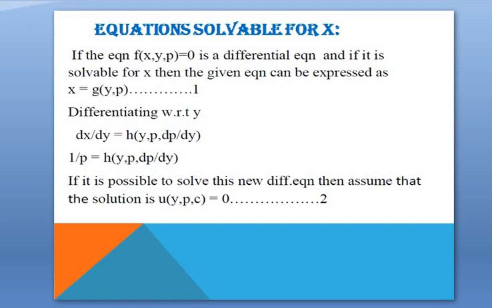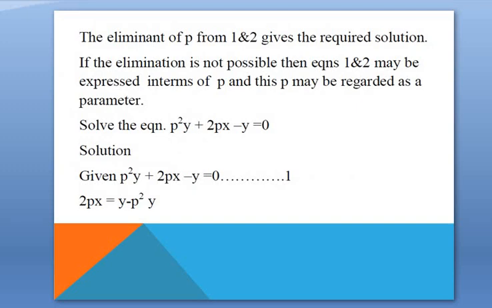Here I am replacing dx/dy by 1/p. So this is a new differential equation. If it is possible to solve this, we assume that the solution is u = a function of y, p and c equal to 0. The eliminant of p from equations 1 and 2 gives the required solution.